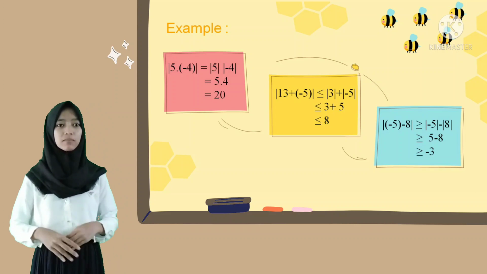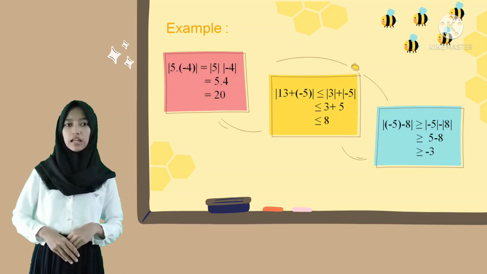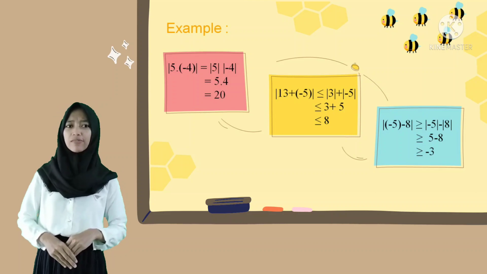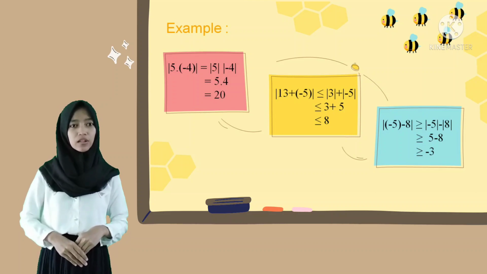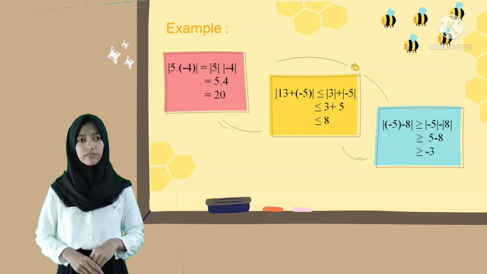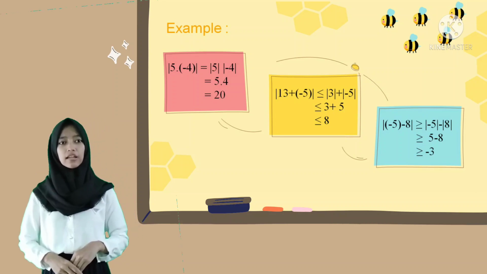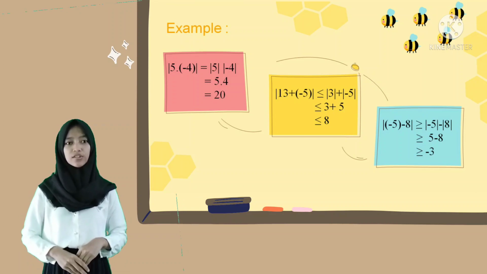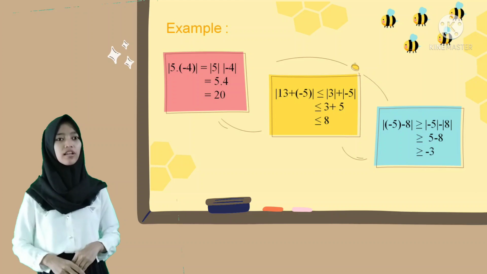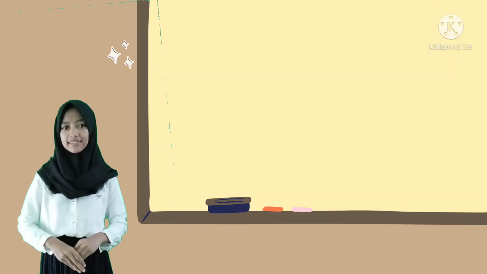Absolute value of minus 5 minus 8 is greater than or equal to absolute value of minus 5 minus absolute value of 8. And we can get 5 minus 8 equals minus 3. So, absolute value of minus 5 minus 8 is greater than or equal to minus 3.